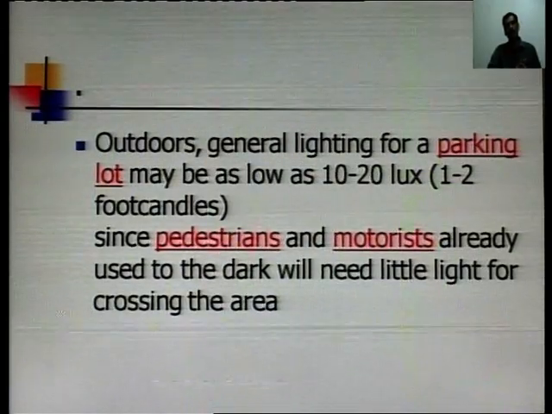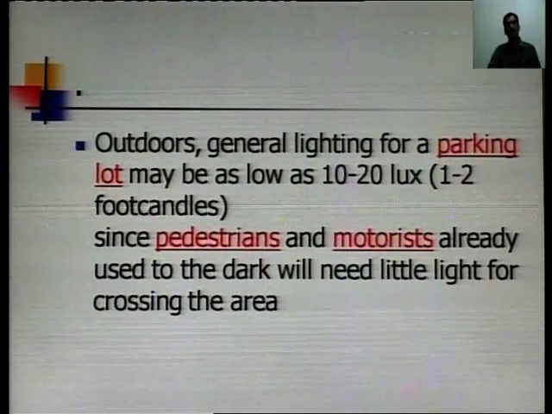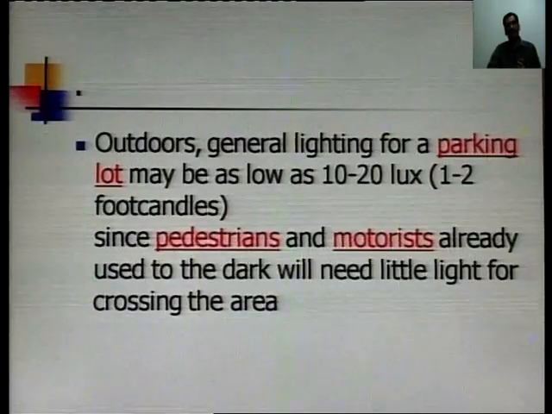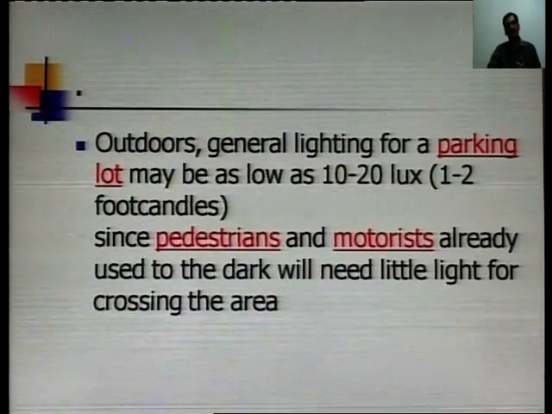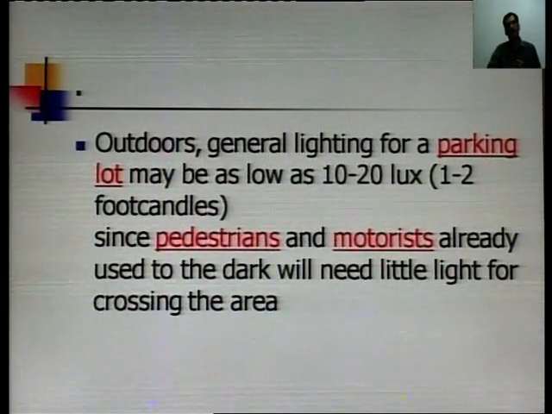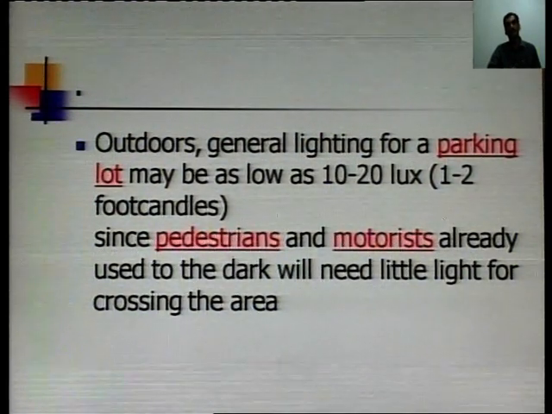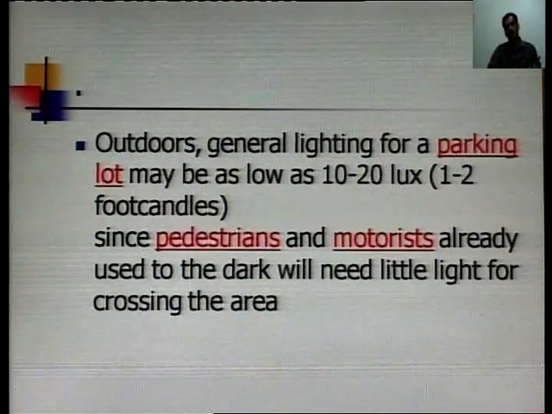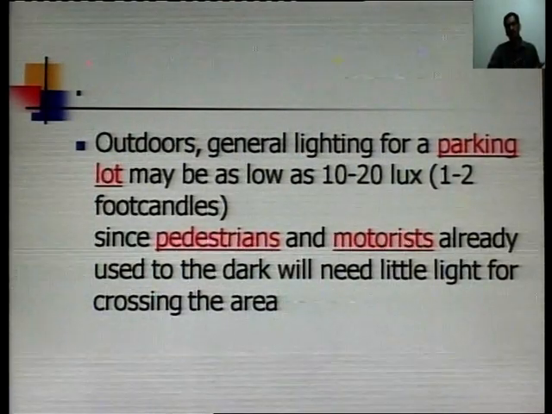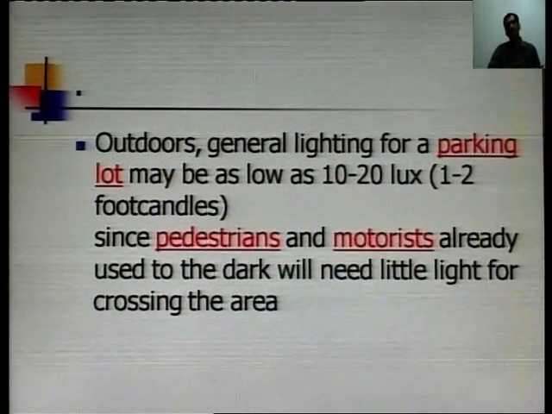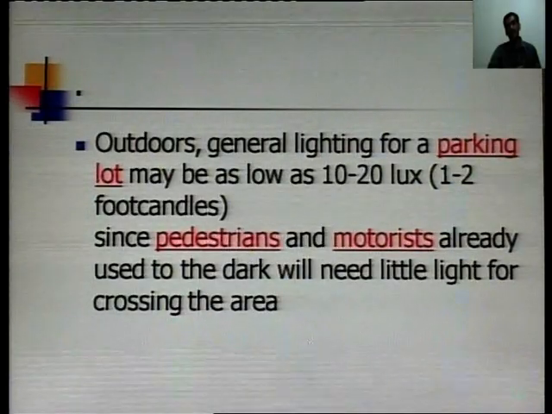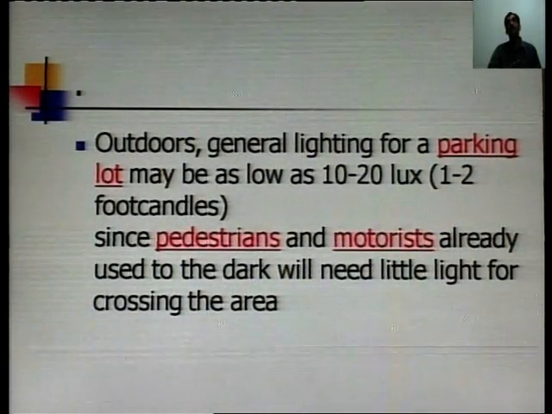So what will be the outdoor or general lighting? If it's morning time, it's the sunlight which glows up everything. But supposing in a parking area, where we have vehicles and everything, we are going to have poles and lights which will be lighting up that particular area.